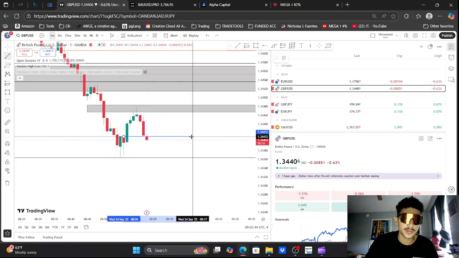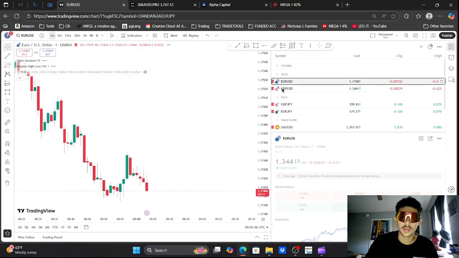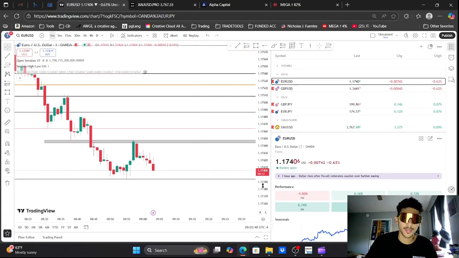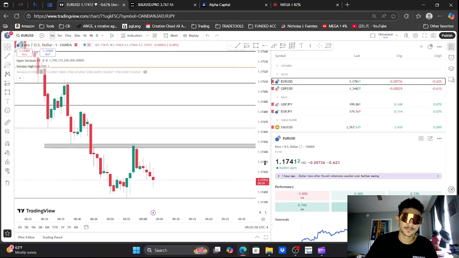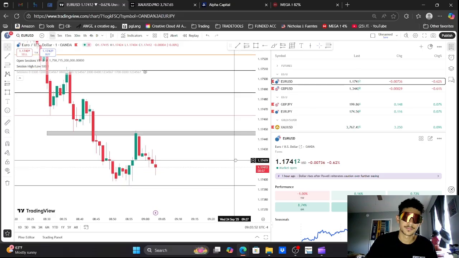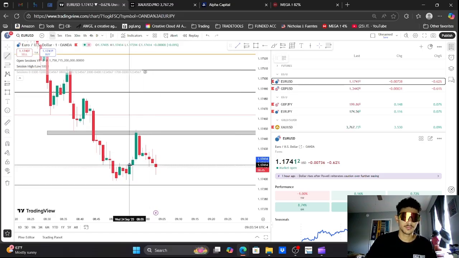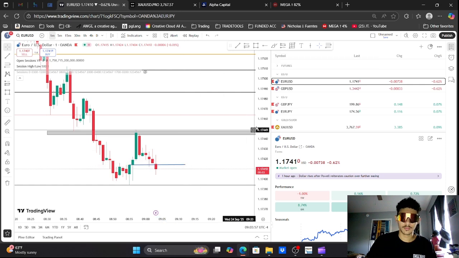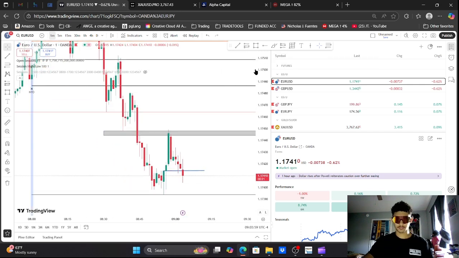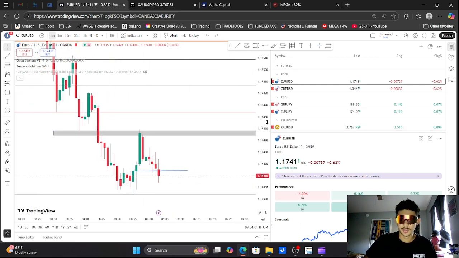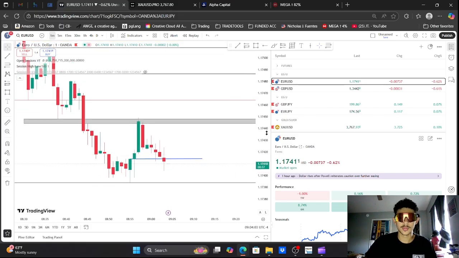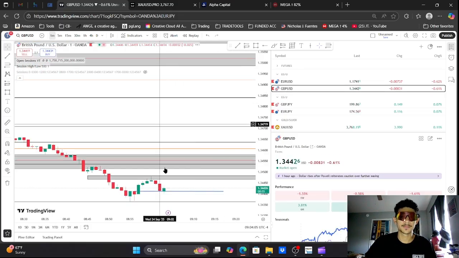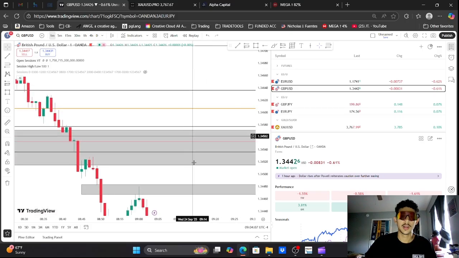We inverse this if we close below it. Same thing on EU. We did close below it, so we inverse this gap. Although we didn't on GU.